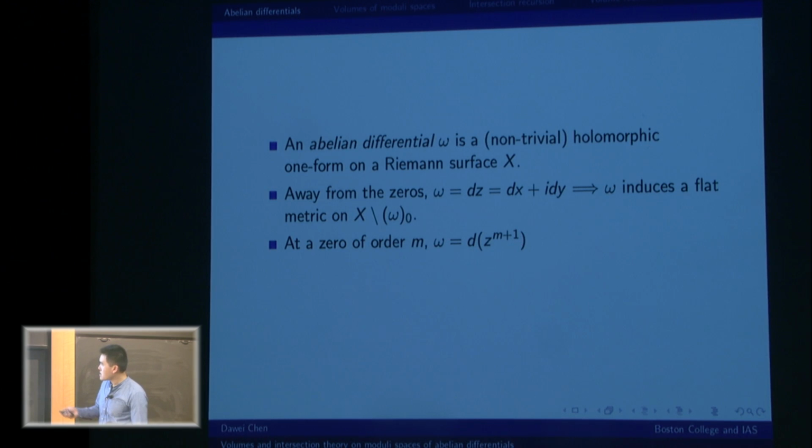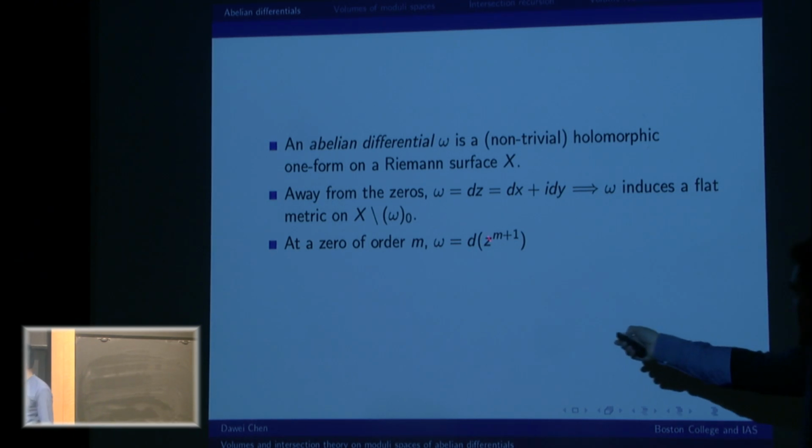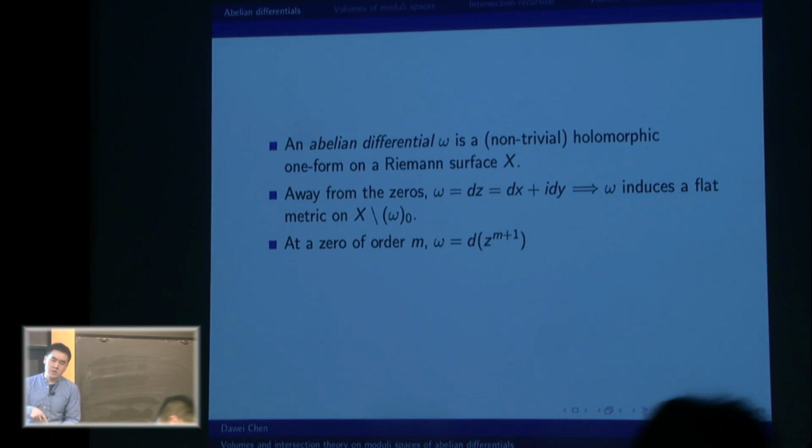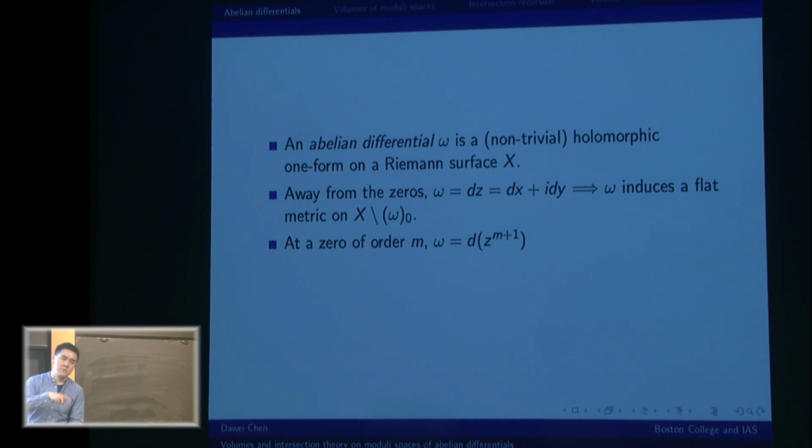And if you think about it, under the nearby flat metric, if you see one copy of dz, you should imagine locally you have one Euclidean disk. Here, if m is a positive integer, the exponent certainly is bigger than 1. So you should imagine you have m plus 1 many flat disks glued consecutively, like a branched cover ramified at the origin.